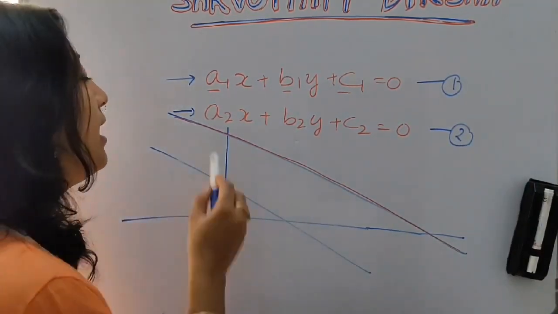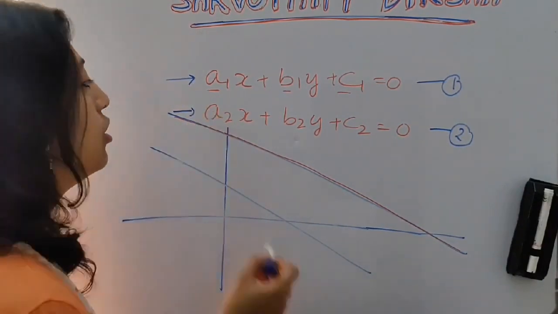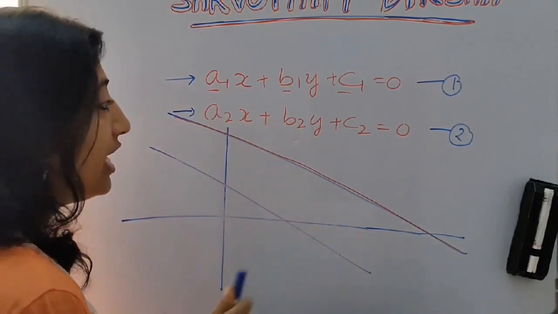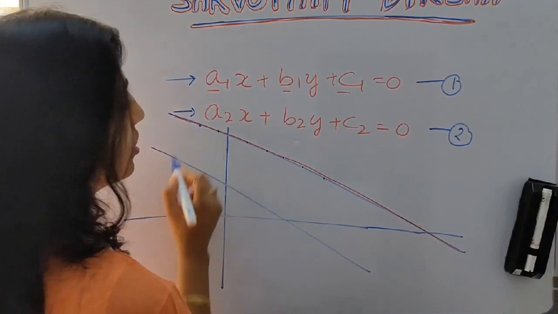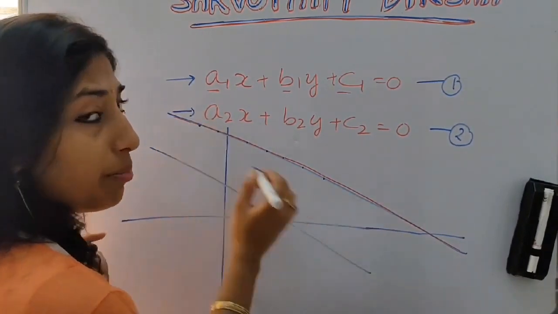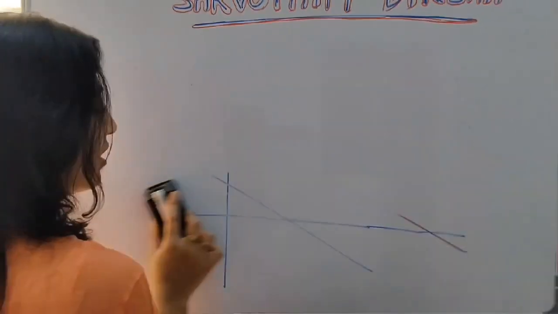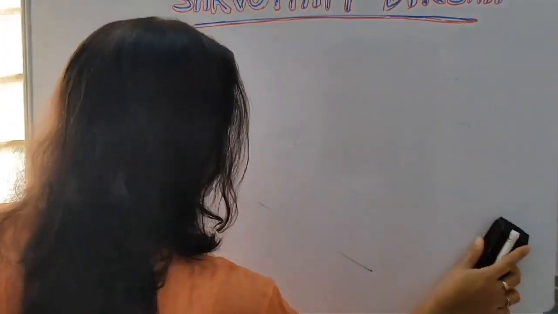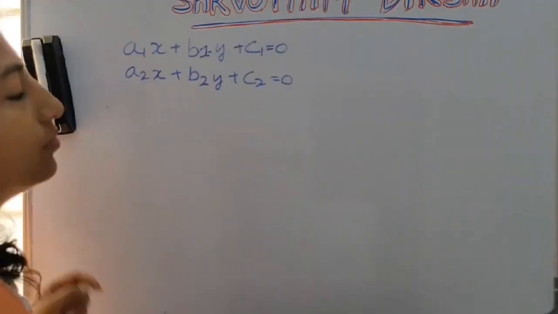In third case, let the two lines represent nothing but the same line. So they are lying on each other. So each and every point on this line is a common solution. And there are infinite points on a line. So there are infinite solutions. These are the conditions which can help us to know what kind of solution we are having.